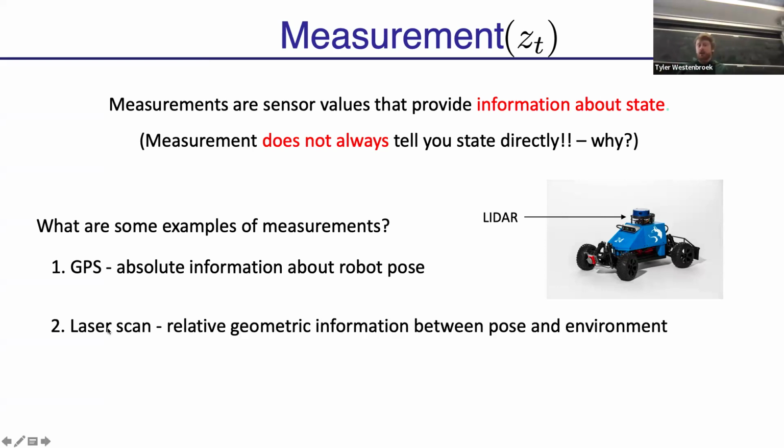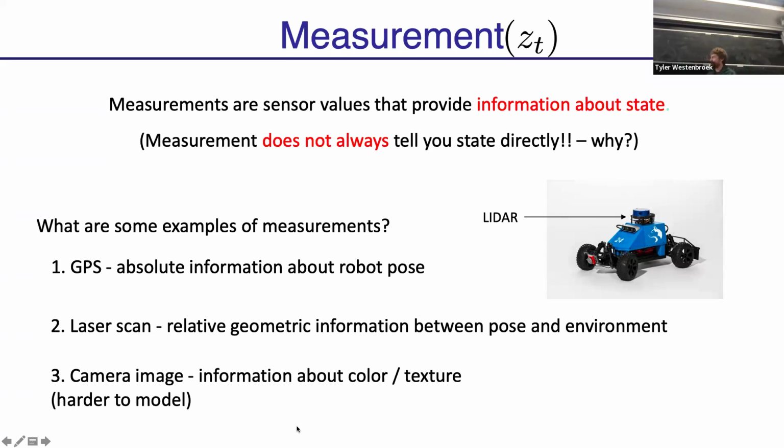On the other hand, if I have a laser scan, so I'm trying to scan this room I'm in with a LiDAR on my car, my laser information might tell me the relative distance between me and this chair right here, but there's an issue, right? If I am not exactly sure where this chair is in the world, then I'm not sure where I am in the world. So a lot of times these measurements that we're recording tell us relative or partial information about the world.